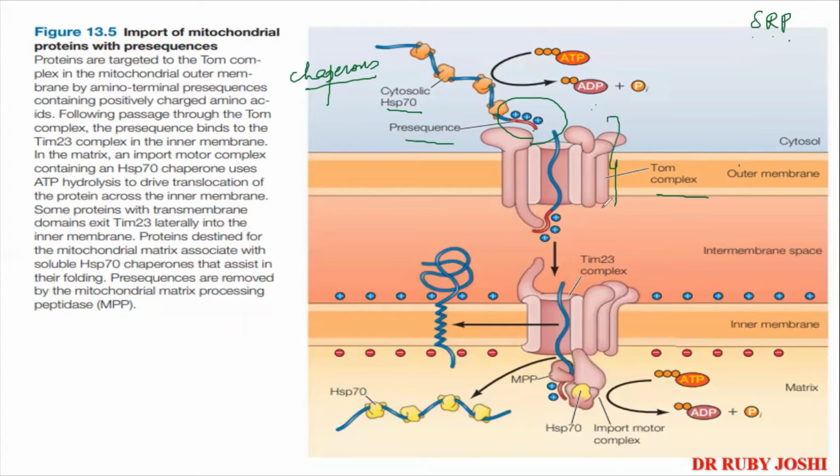Targeted to outer membrane? No, it is not transmembrane. I know it's a transmembrane protein, but what do we call it? Like for example, in the ER we talked about Sec61. What was it? To which SRP was brought?